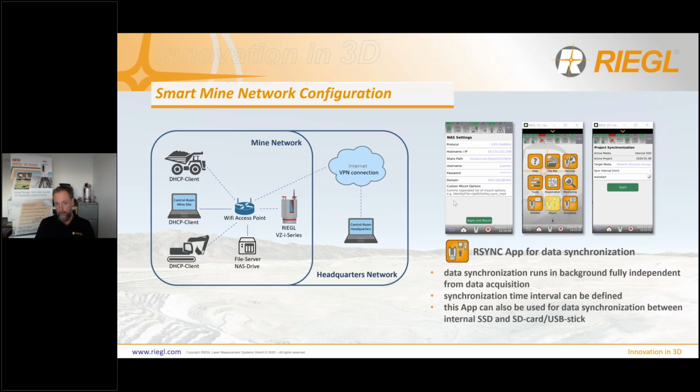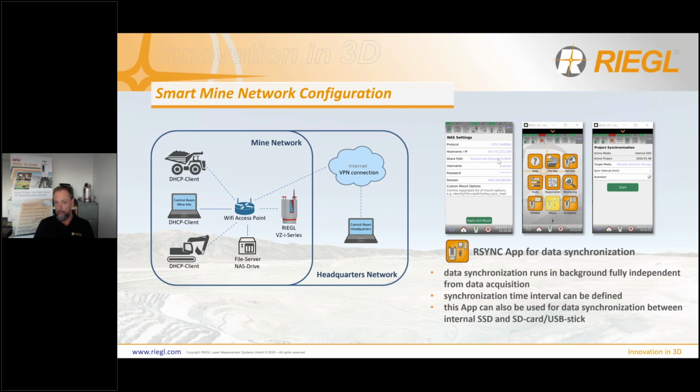So you see here on that screen, this is the graphical user interface, and it shows that we can mount any file server or NAS drive by just typing in the IP address and defining the folder which is available on that file server, with a username and password which gives us read and write access to that folder.